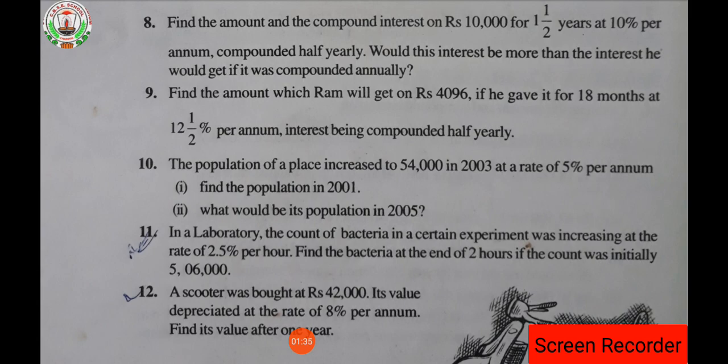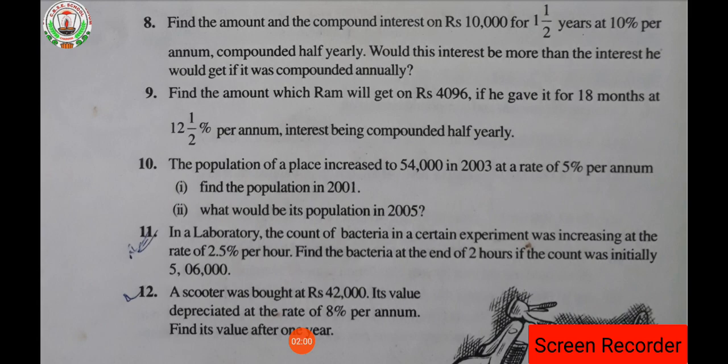Now question number 9 says: find the amount which Ram will get on rupees 4,096 if he gave it for 18 months at 12.5% per annum, interest being compounded half yearly. So students, here we have to find the amount. What is the principal over here?